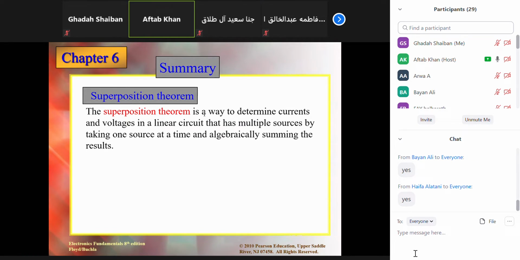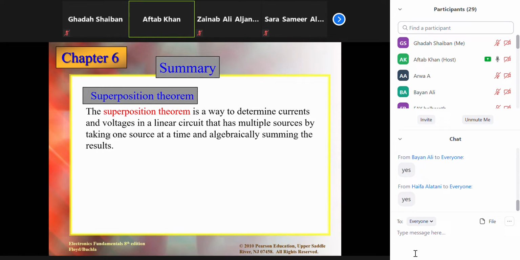The superposition theorem is a way to determine currents and voltage in a linear circuit. Okay, that is, we can find voltage and current in any component, any resistance that has multiple sources. Now here we can apply superposition theorem where we have multiple sources. All right, and how are we going to approach?